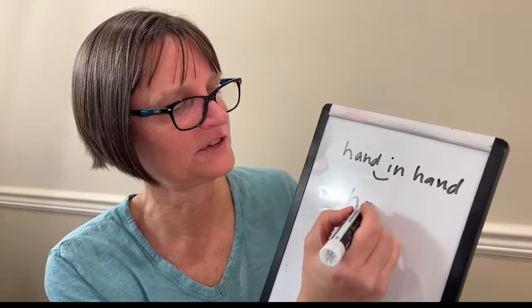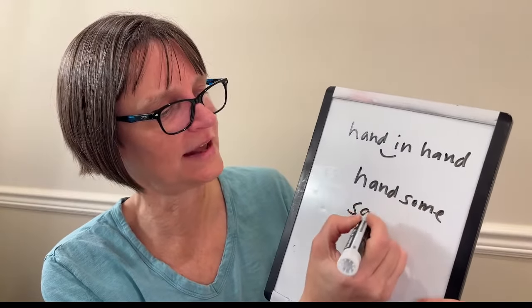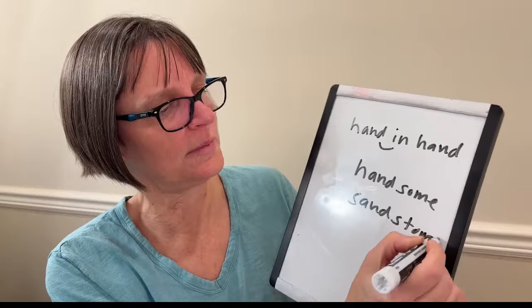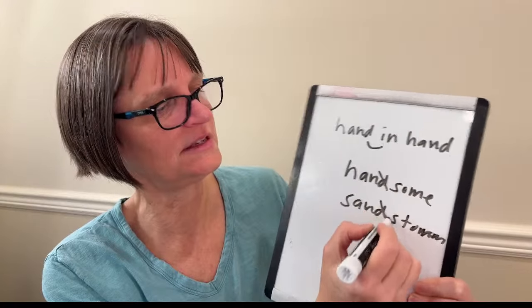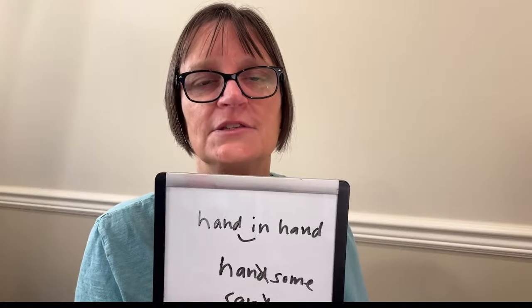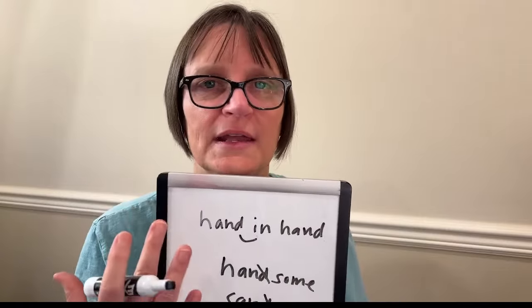If I was saying, for example, handsome, or your word of sandstorm, I do drop these Ds because the next sound after the D is a consonant. So sandstorm, handsome. If I did handsome, it would break it and sound like two words.